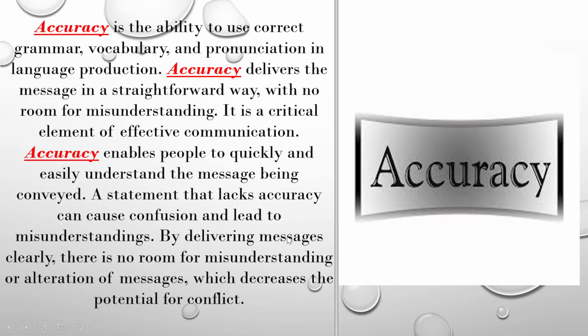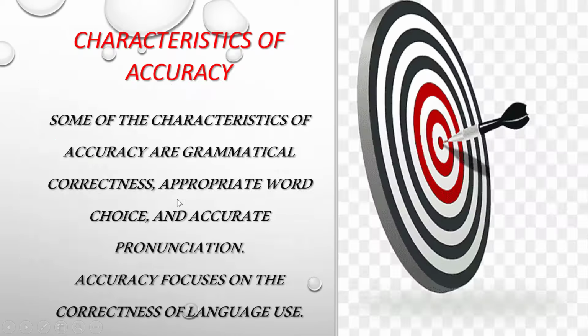By delivering messages clearly, there is no room for misunderstanding or alteration of the message, which decreases the potential for conflict, for sure. It is very important to know the different sounds, to have correct pronunciation, correct spelling, and correct intonation. All of these are very important for you to deliver your message and to leave no room for any misunderstanding.